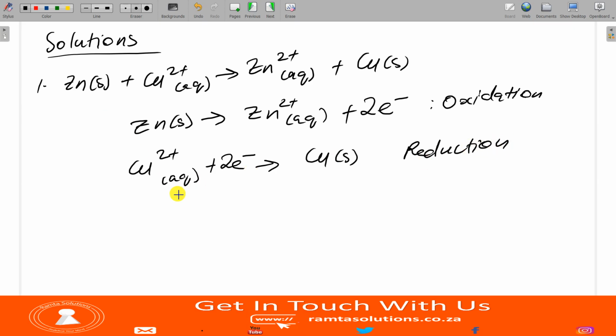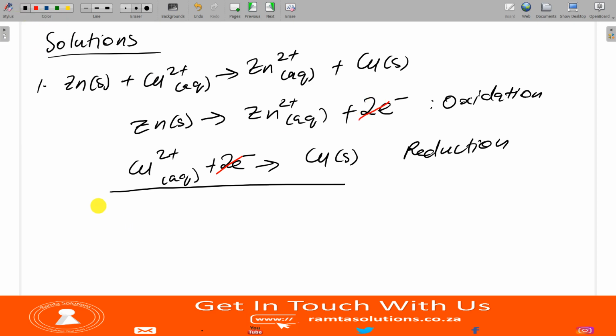If you were to find the overall reaction, whatever is the same on the reactant and product sides will cancel. For example, the electrons on one side cancel with the electrons on the other side. What are you left with?